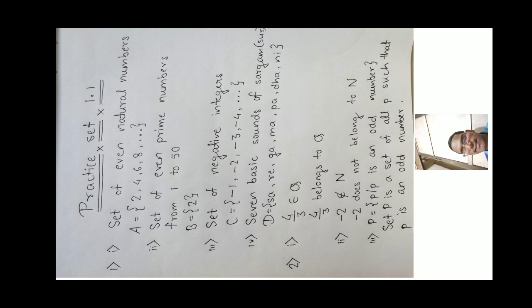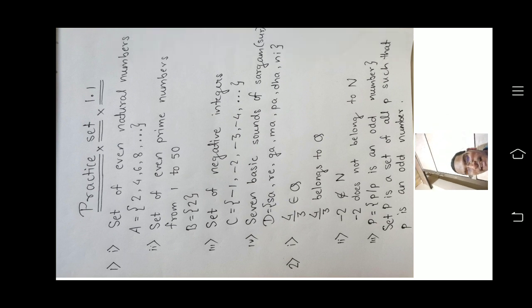Now in the second example, minus 2, the belongs to sign is there, but it has been crossed. That means does not belong to. So I have written the answer: minus 2 does not belong to N. Then the third example, how to read it? Set P is a set of all p such that p is an odd number.